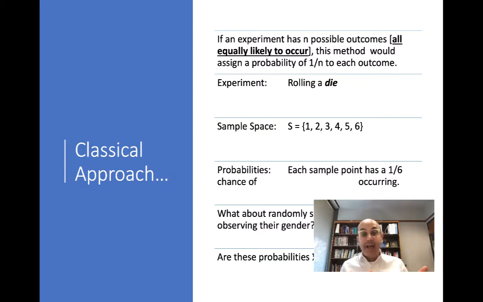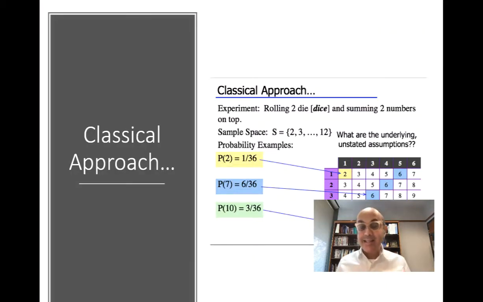And then again, if we are selecting students based on gender, this is the probability. So again, this is the classical approach, and usually it is very restrictive in the sense of what we are allowed to do and what the sample space is, and we do not have any maneuver in that space.